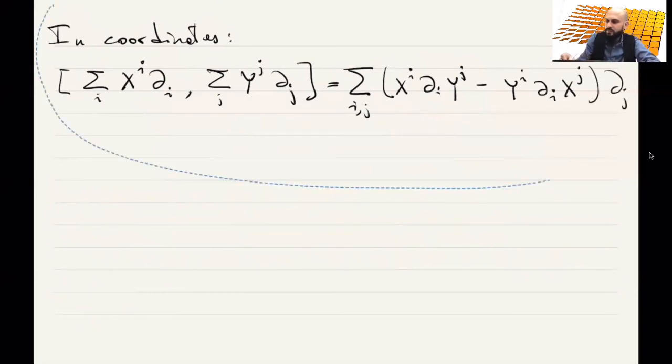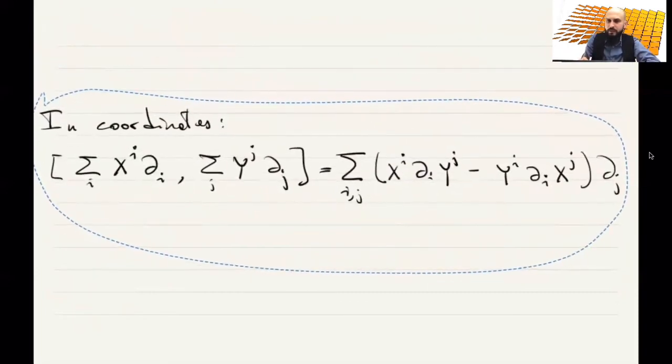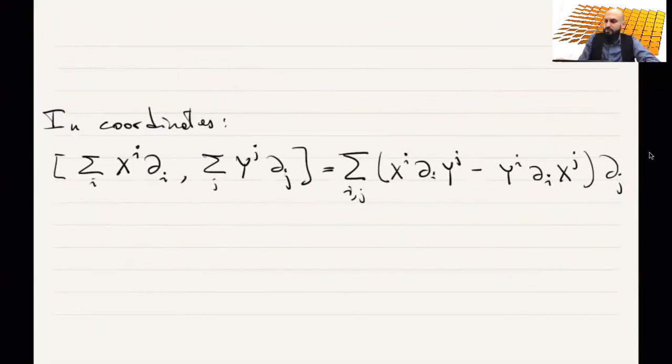So this is a formula for calculating in coordinates the Lie bracket of vector fields.